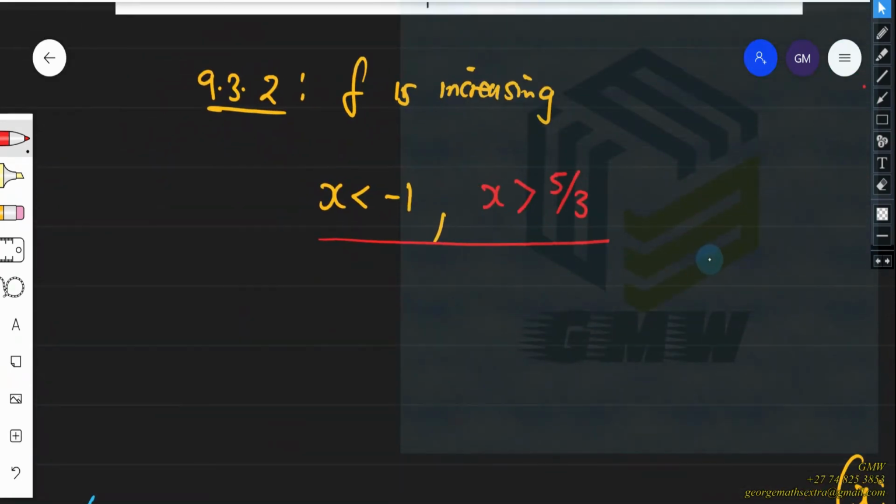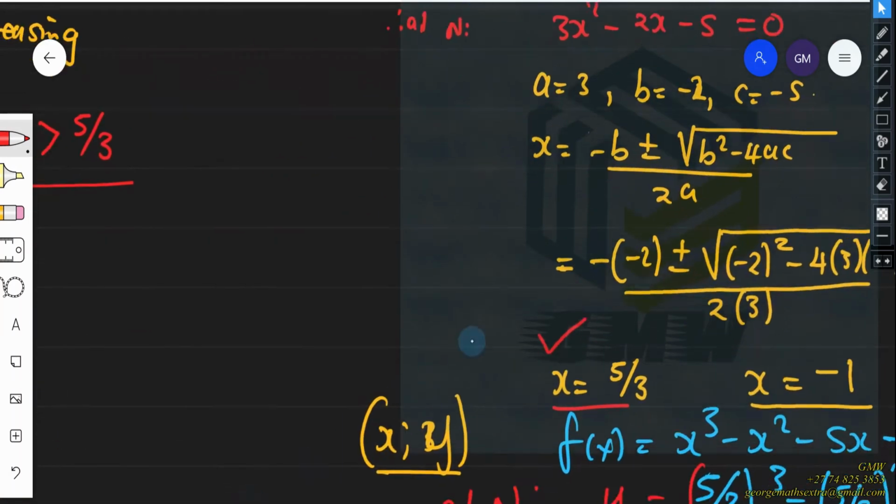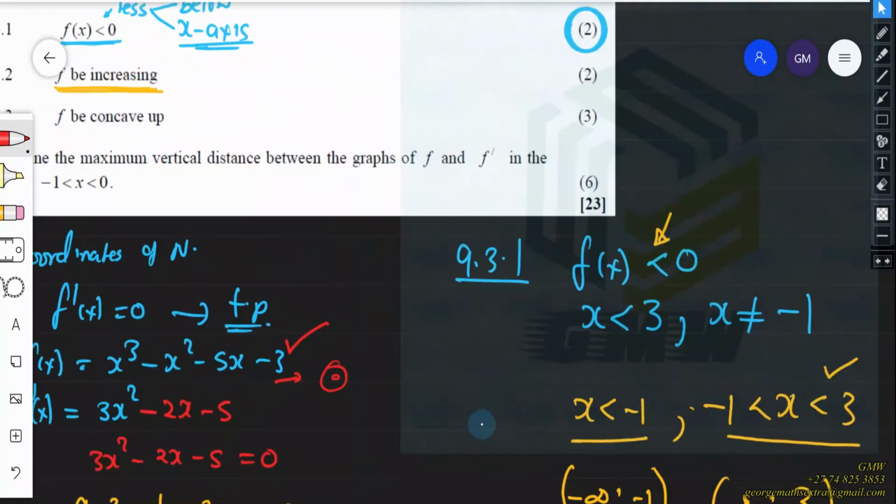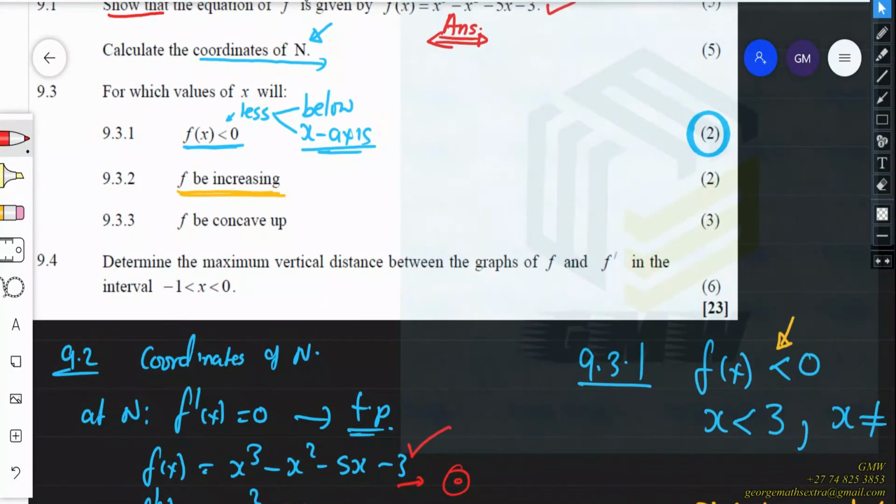Then we have question 9.3.3. Question 9.3.3 says, for which values of x will f be concave up?